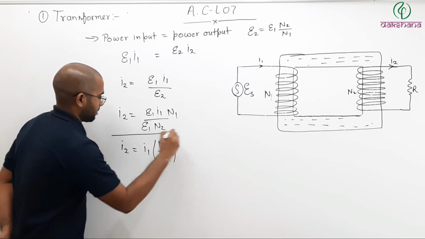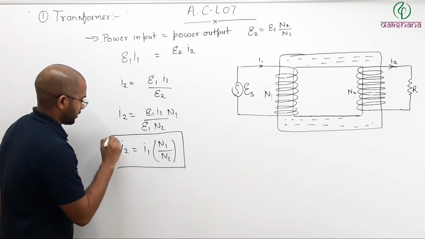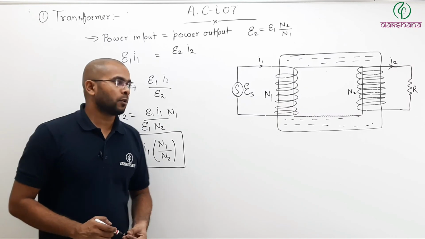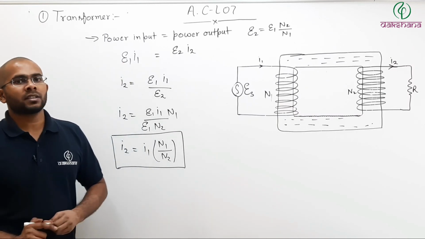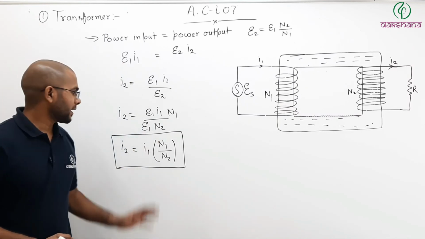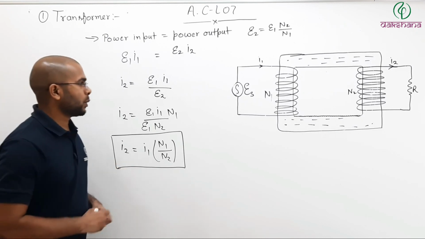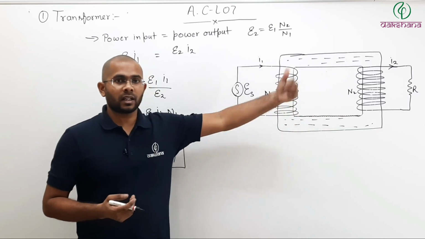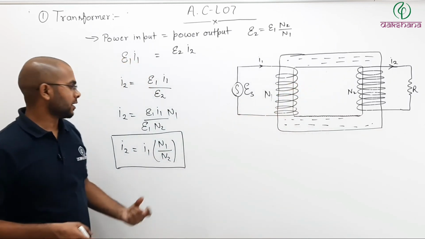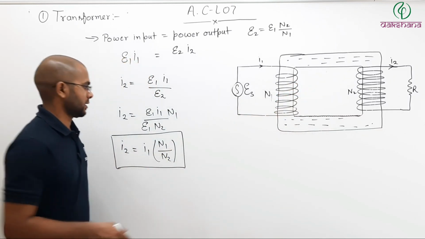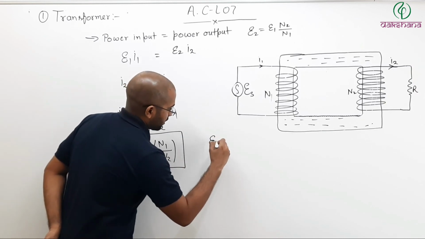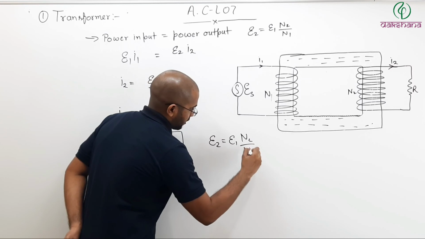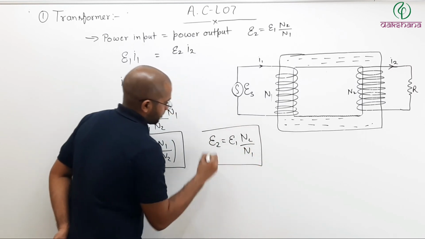So two things we can relate: the voltage across the primary coil and the current in the primary coil are related to those in the secondary on the basis of the number of turns. You can write EMF as E1 N2 by N1.